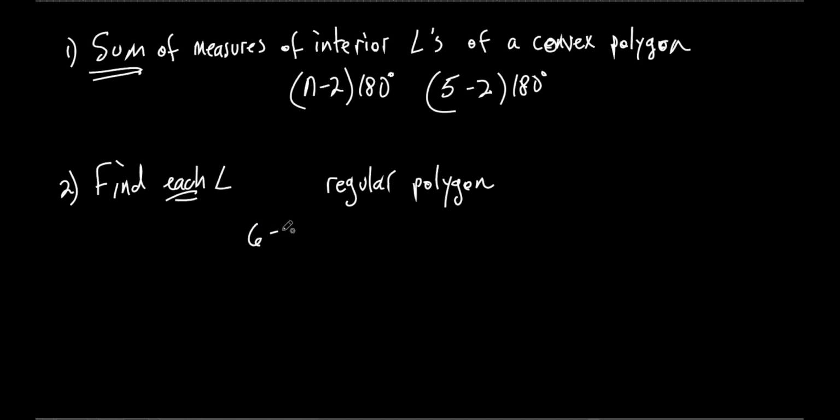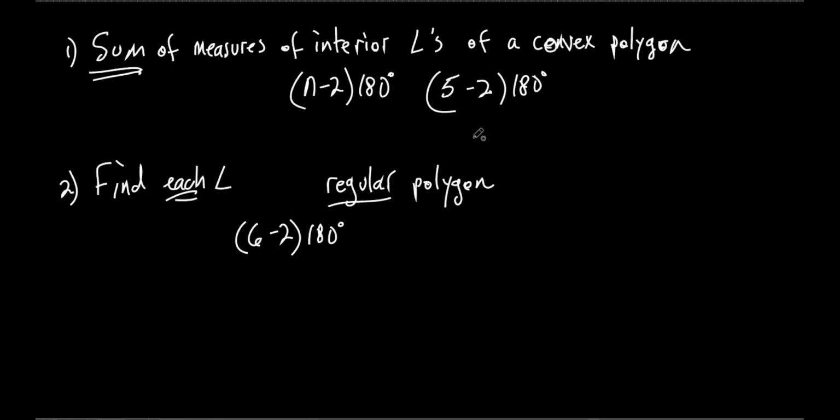Yeah, we still do the same thing as we did on number 1. We go 6 minus 2 times 180, right? Now, what does that give us, though? That doesn't give us each angle. That gives us the sum of all the angles. So if it's a regular polygon, what do I know about a regular polygon? It means all the sides are congruent and also all the angles are congruent to each other. So regular polygon doesn't mean just an ordinary polygon.